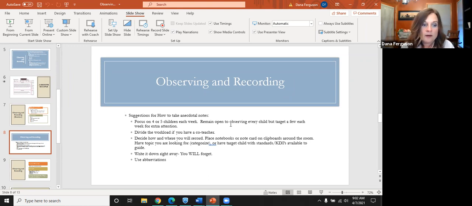And within that, there are many, many domains for observing the children. What is required is that you have an anecdotal note on every domain for every individual child. So it can get really stressful at times to try to keep up on that.